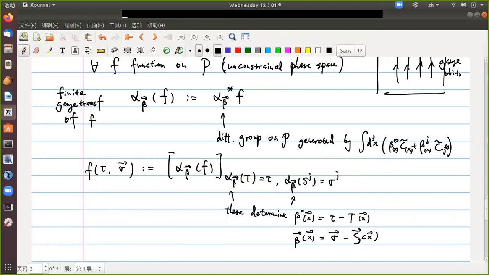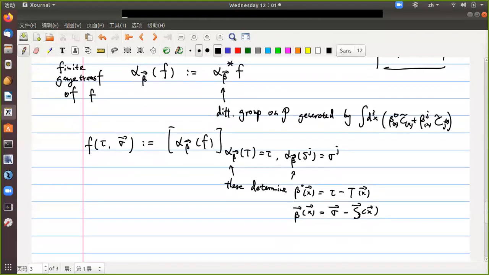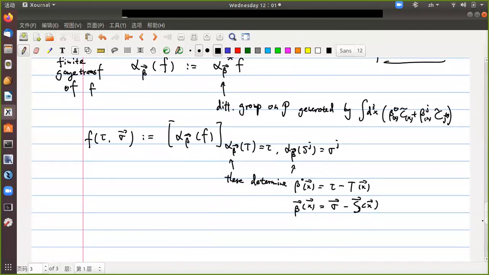If you explicitly write down this gauge transformation of T and solve these two equations, you just get beta. It's just a translation of T. So this beta can be explicitly solved using T and S and tau and sigma.